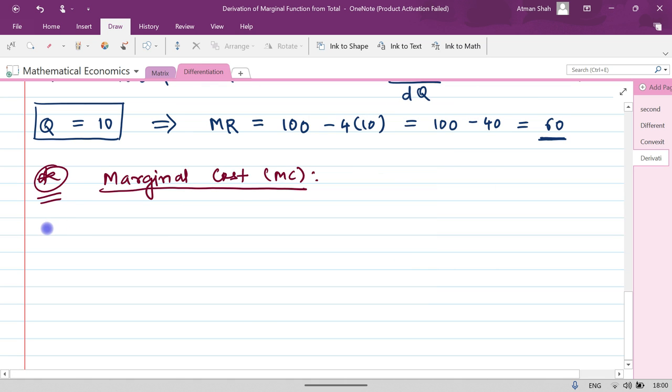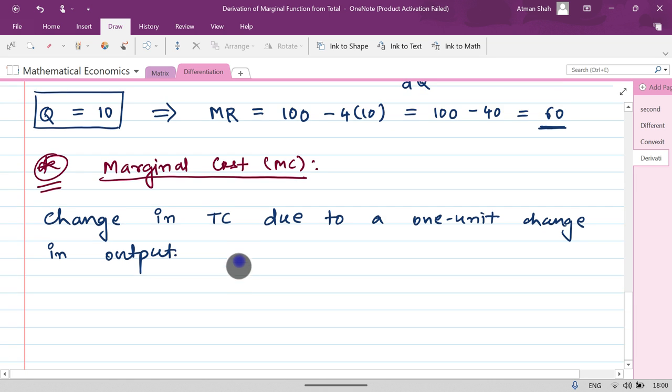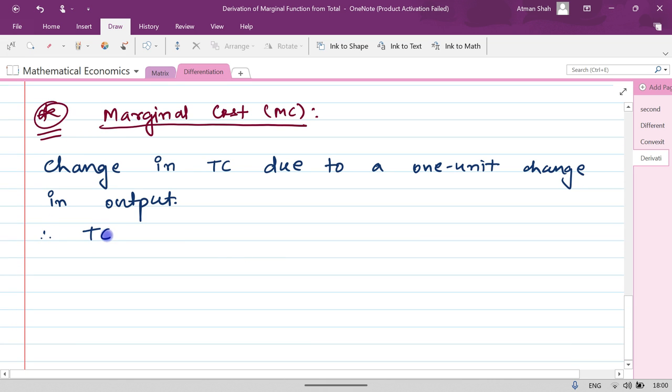Change in total cost due to a 1 unit change in output. So therefore TC is also a function of Q. So in this case marginal cost is the differentiation of total cost with respect to quantity.